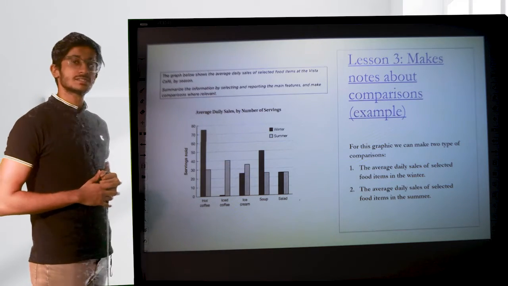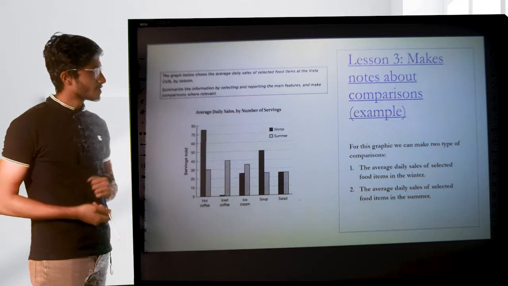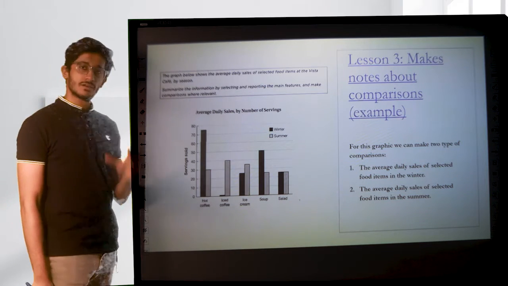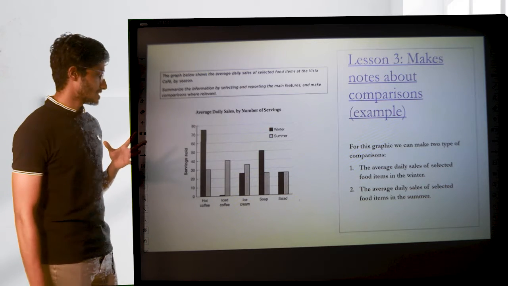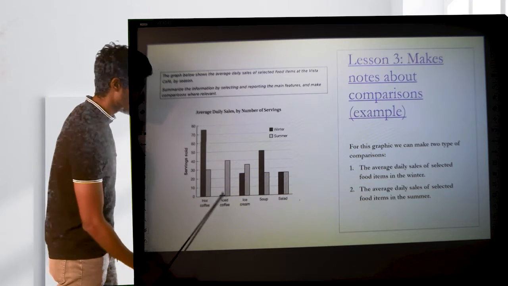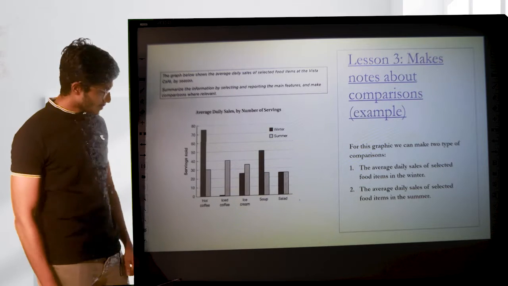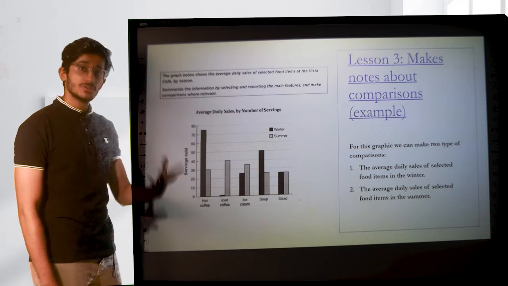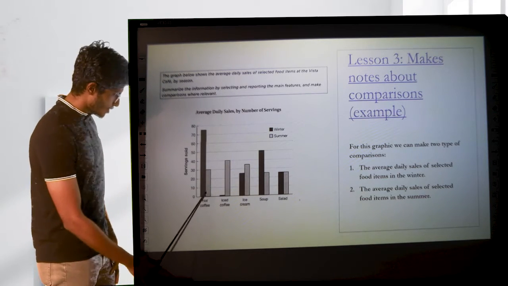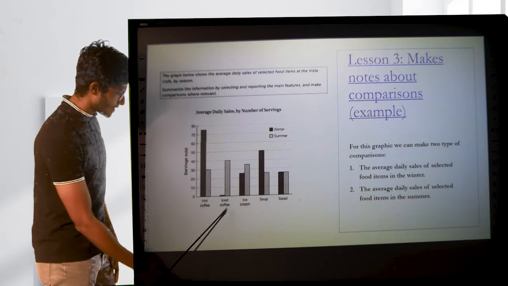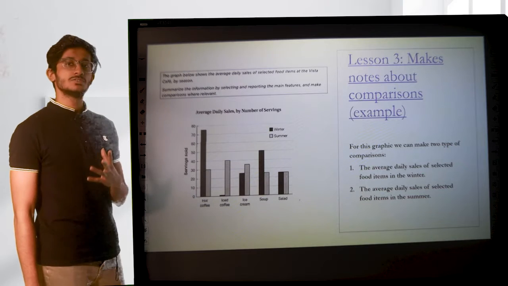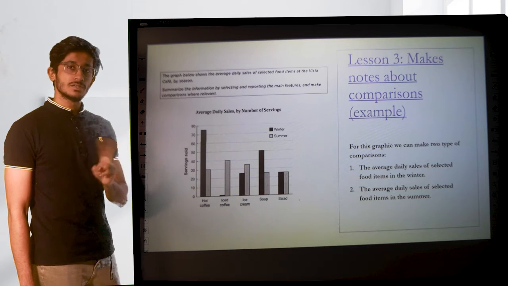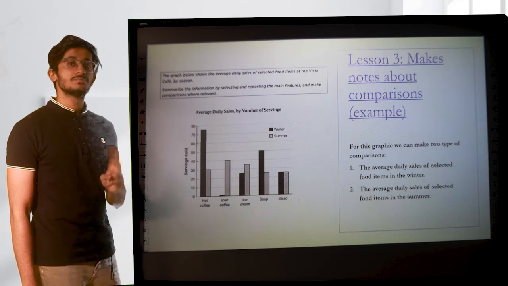As in the previous cafe example, if you look at the graph, one way to understand where you can make comparisons is by looking at the individual recordings. Here, this is a bar chart, so you look at the bars. You can see there are 2 bars for each food item. This alone tells you that 2 comparisons are being made.